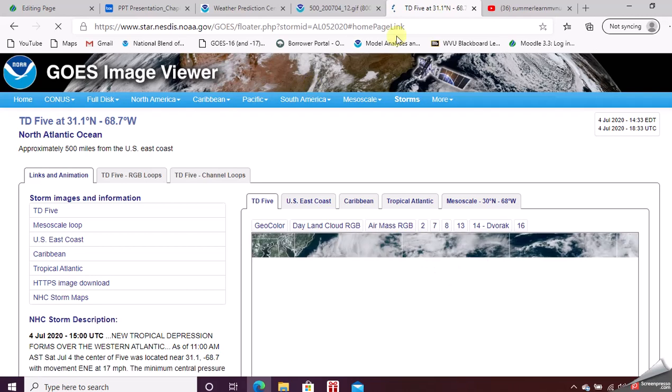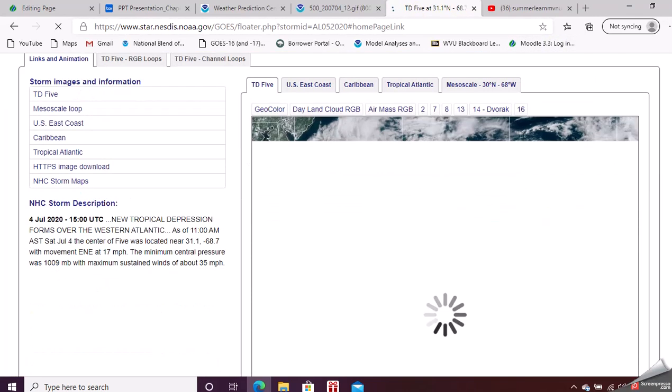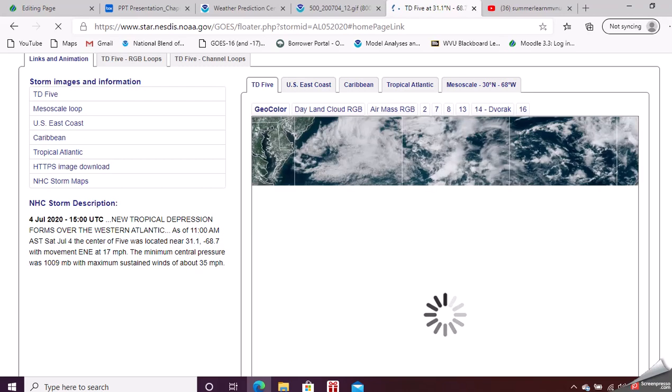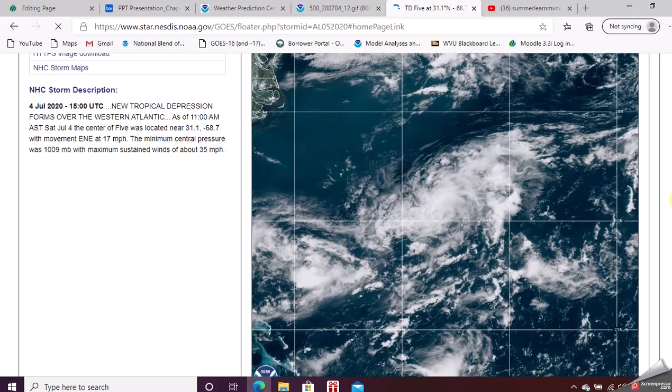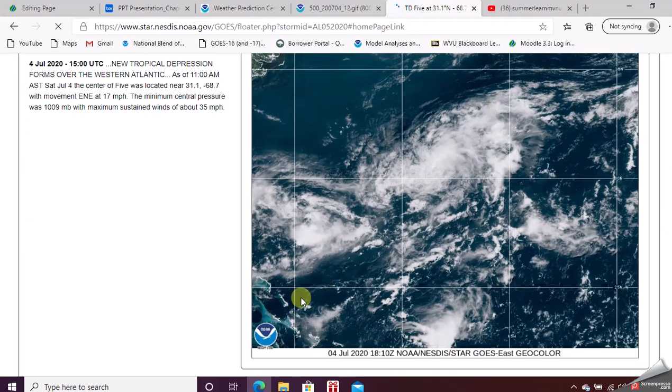It shows right down in here, where this mass of clouds is, that's the tropical depression. Here is North Carolina, for example, so you can kind of get a picture of where it is. It would be down towards Puerto Rico and all of that. So it's out in the middle of the Atlantic. Not much to worry about, and it's just a depression right now.